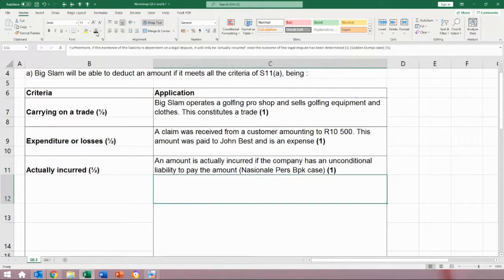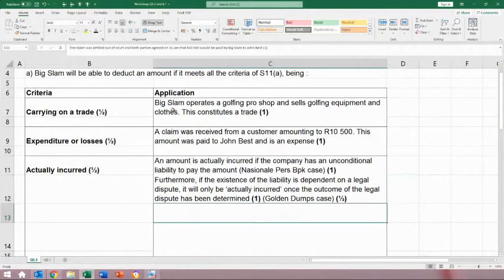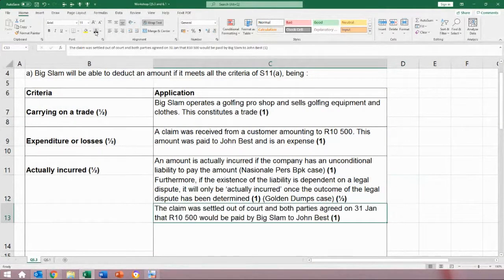So prior to that date, it would not have actually been incurred. So because there's a legal dispute, we only say it's actually incurred once that outcome has been determined. Now that is what the court case says. So that also means that it's an unavoidable cost that is closely related to our business. So that expense was closely related to our business. Okay.